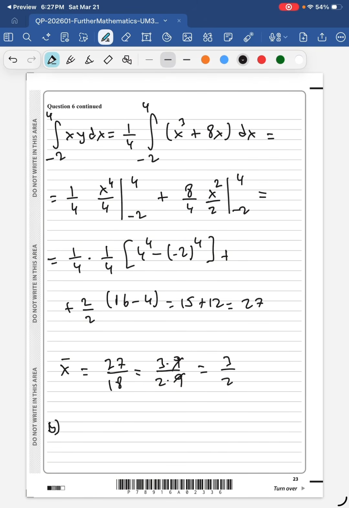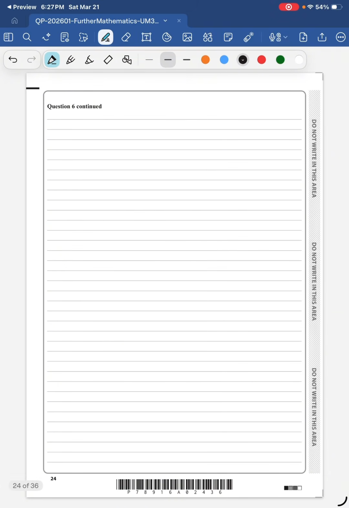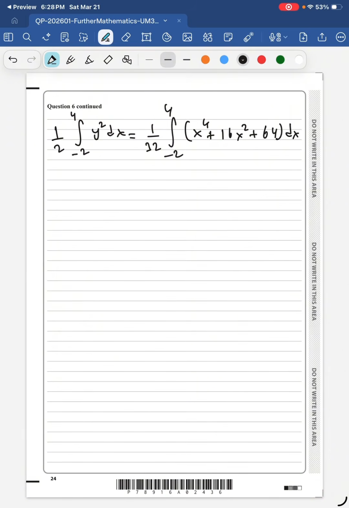So the y coordinate of the center of mass is simply the integral from minus 2 to 4 of 1/2 y squared dx, and then over 18, since they give us that information, we can use it. So let's calculate 1/2, and then the integral from minus 2 to 4 of y squared dx becomes 1 over 32, and then the integral from minus 2 to 4 of x to the 4 plus 16x squared plus 64 dx.